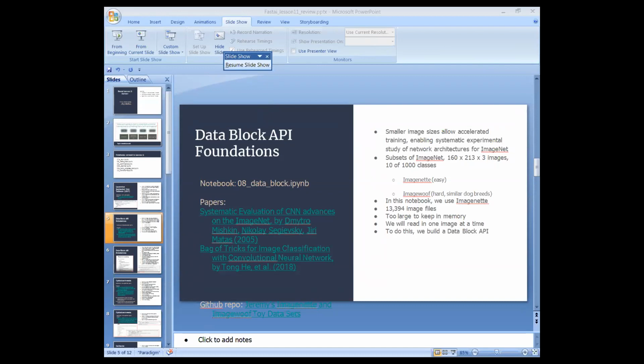And that one has something like 13,394 images out of the whole ImageNet data set, and they're 160 by 213, the 160 pixels by 213 pixels by 3 channels, the normal RGB channels. And instead of having 1,000 classes like the ImageNet data has, he chose 10 classes, and I can't remember what he said. They're easy to distinguish, so he calls this the easy data set.